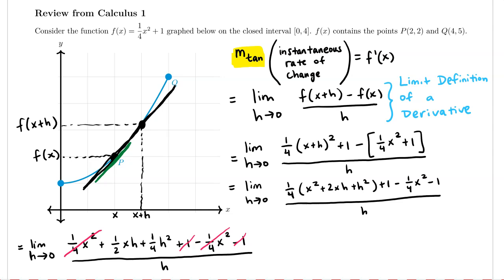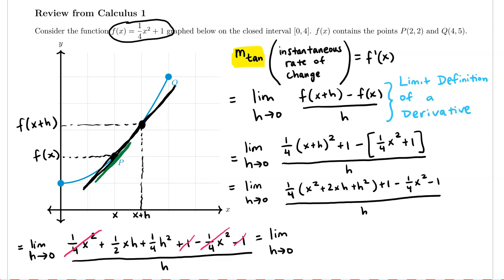All right, so I've taken the steps to start taking the limit definition of our derivative for this particular function that we are looking at, f of x. And I'm at the stage where now I have the limit as h approaches 0. Notice that the remaining two terms both have an h in it.